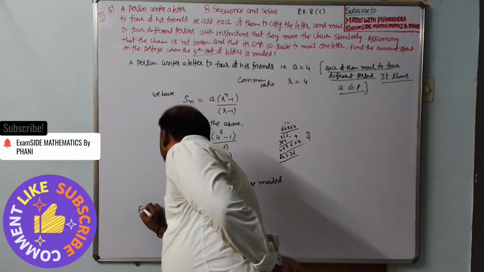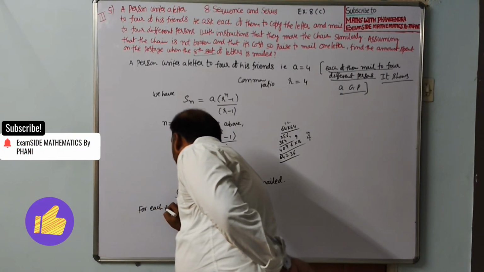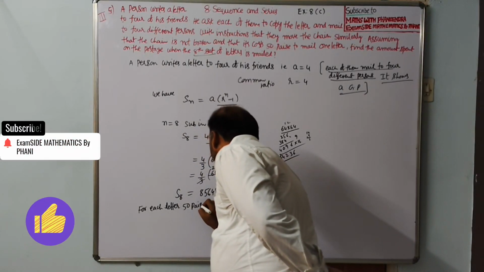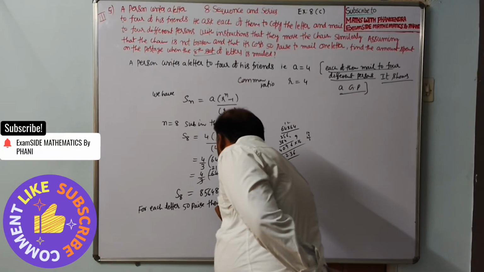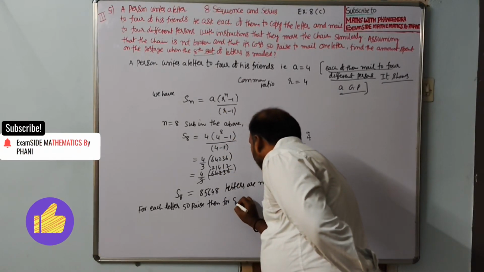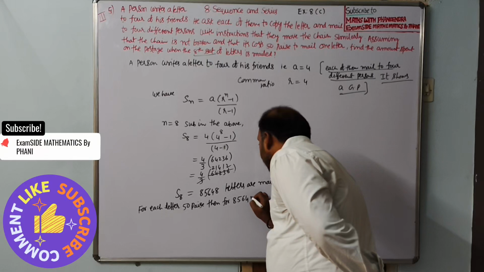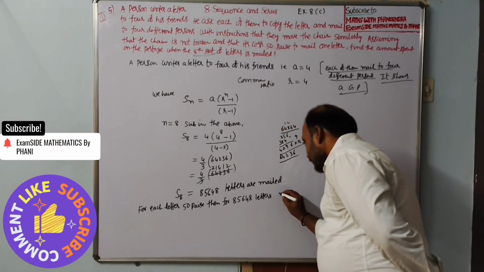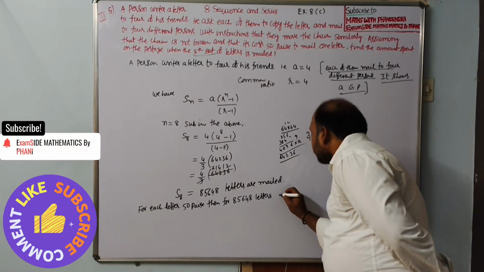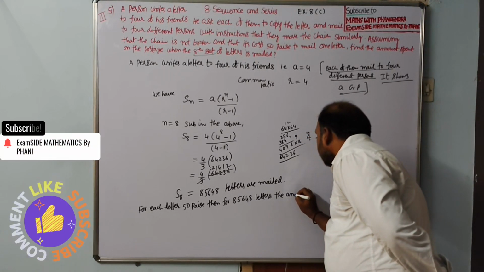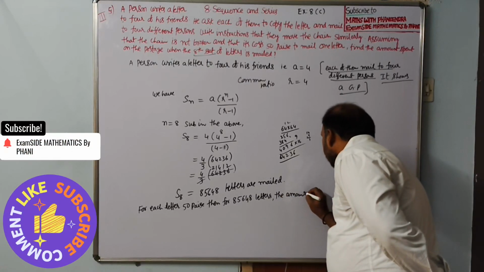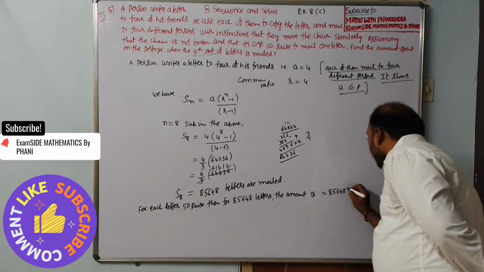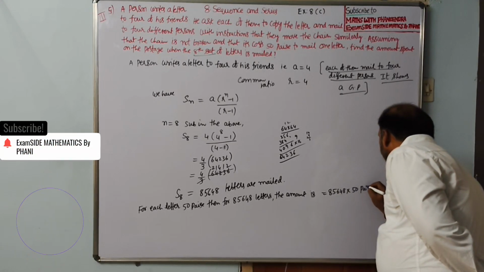So for each letter 50 paise, then for 85,648 letters, the amount is 85,648 into 50 paise.